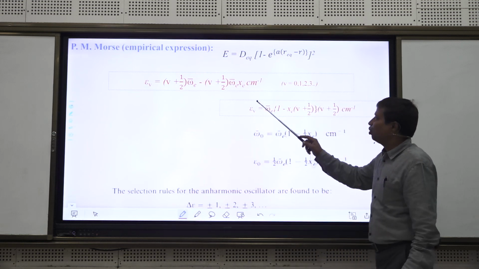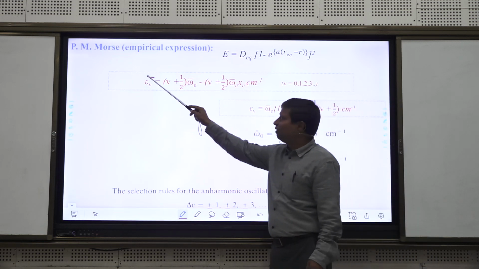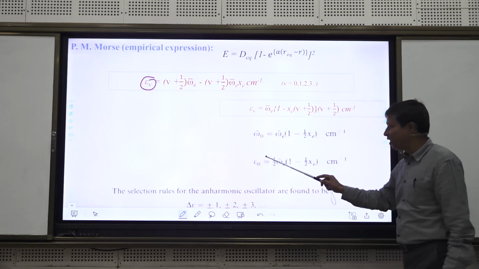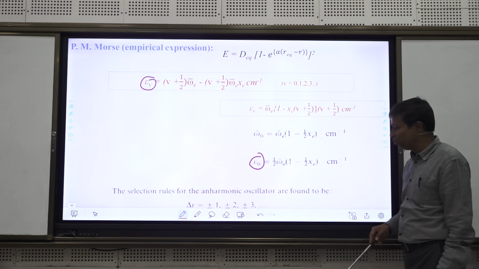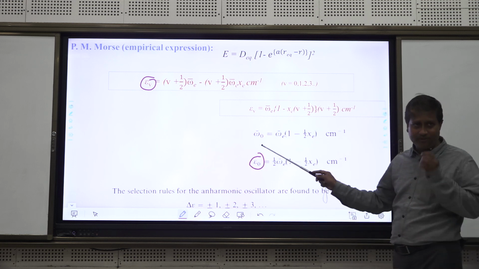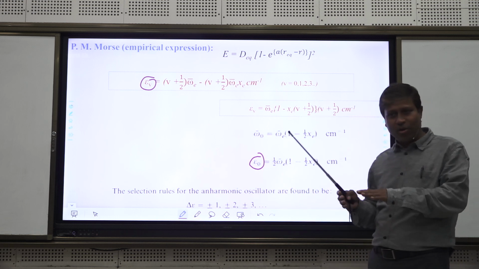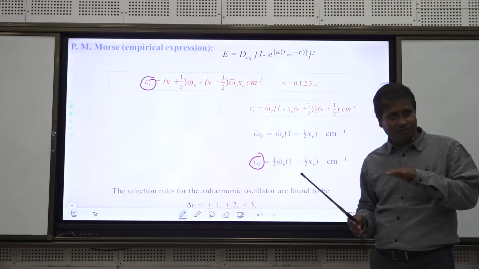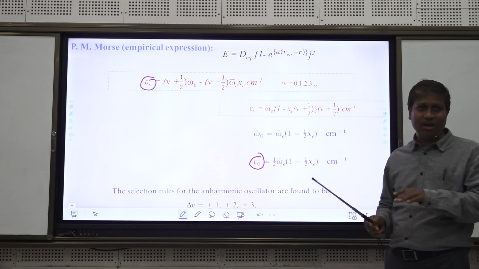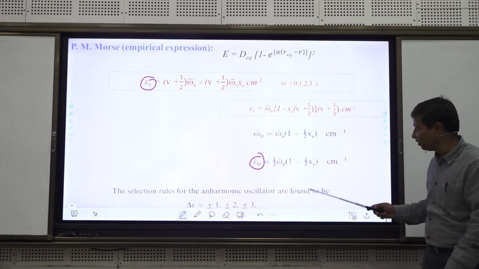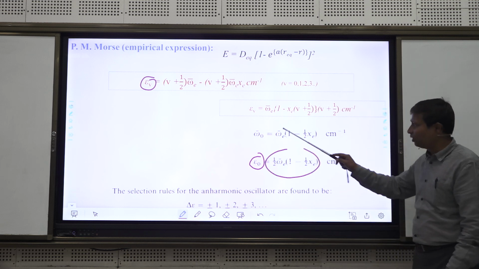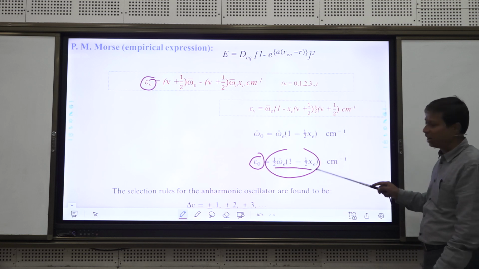Now you again have energy levels, so you can find out the E0 value, and remember this is a big difference. The classical approach says that the molecule can have a zero vibrational energy level, but you have seen that a molecule cannot have a zero vibrational energy level, not even in simple harmonic motion or anharmonic motion.